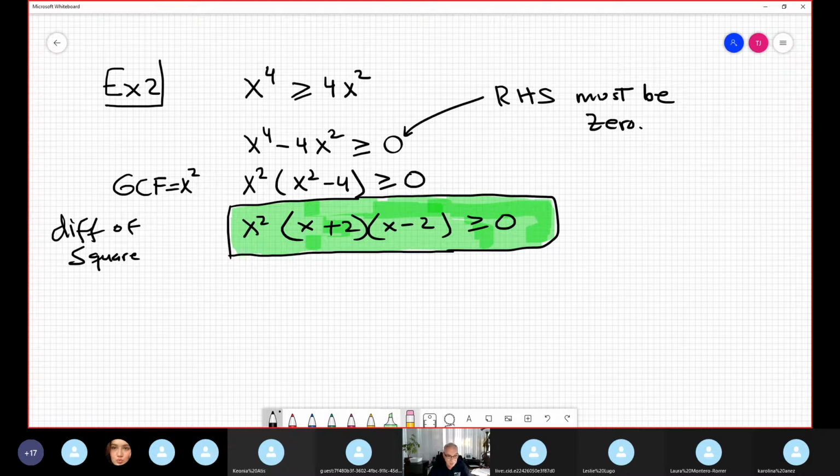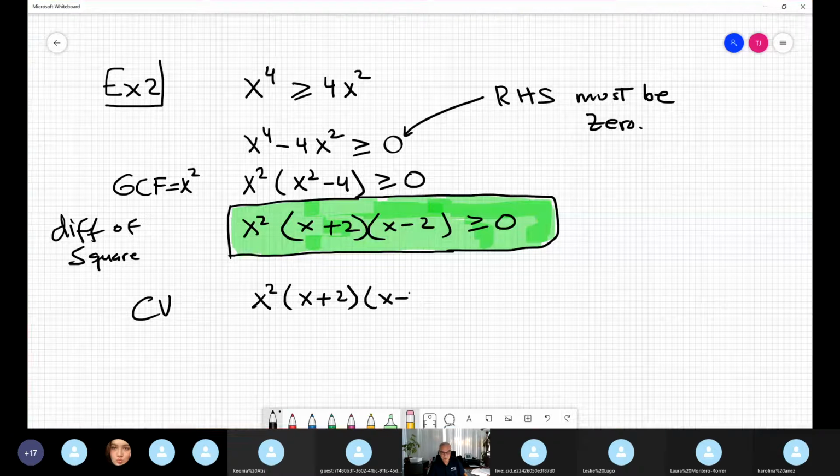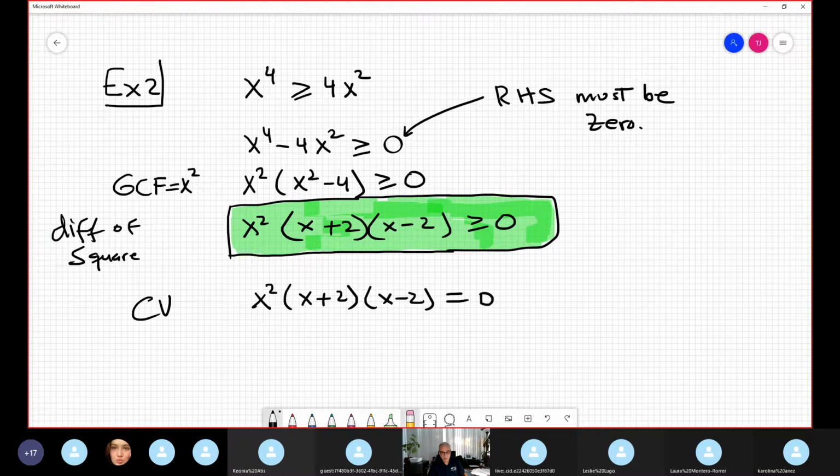Find out the critical value. The critical value is easy because you take the expression and you enforce it to be equal to 0. So x squared is 0. It means x is 0, because the square root of 0 is 0.